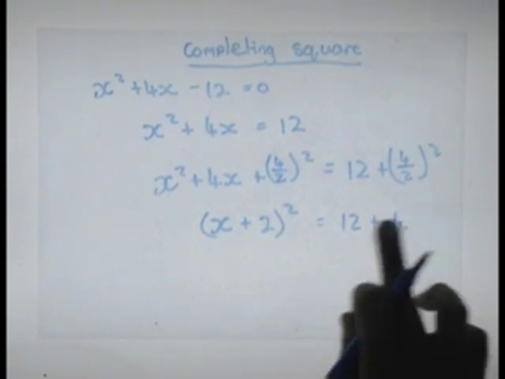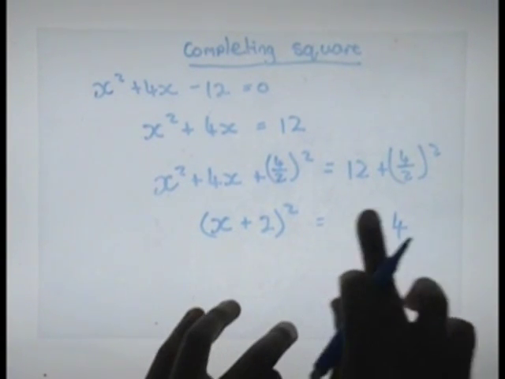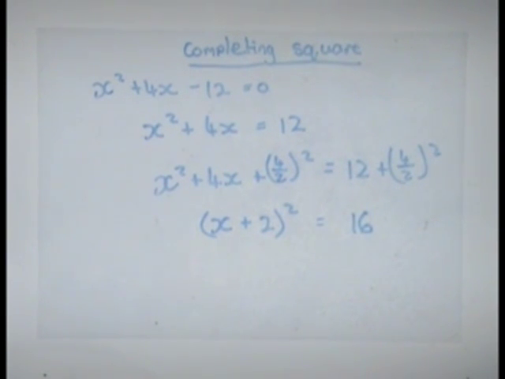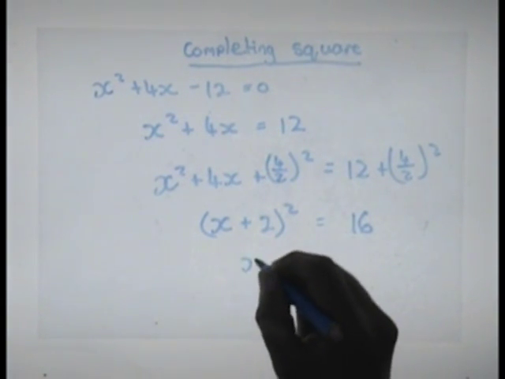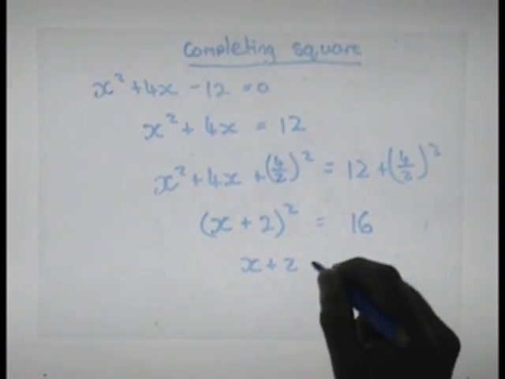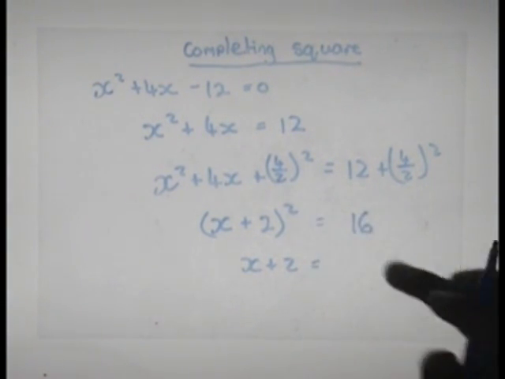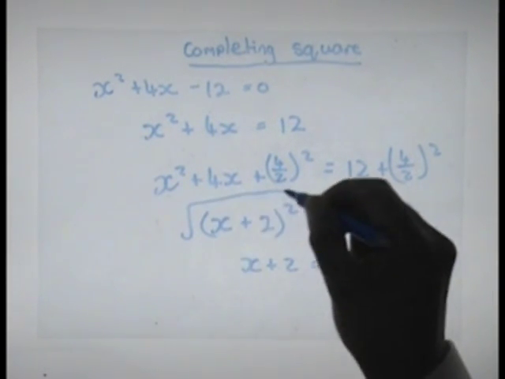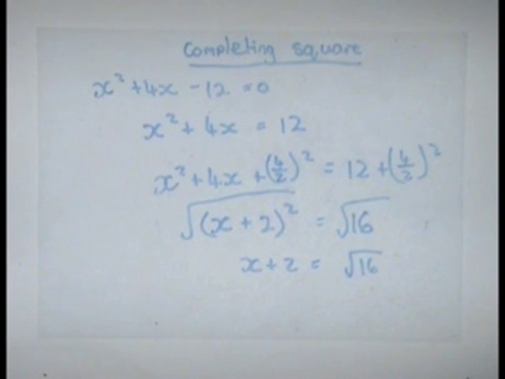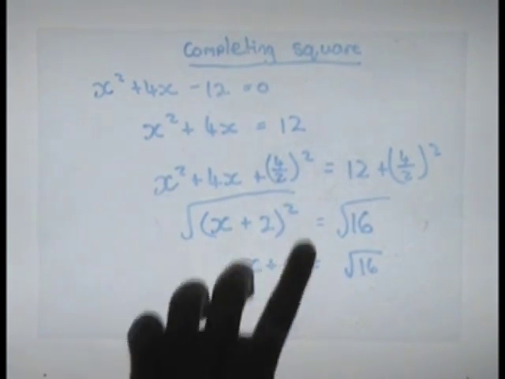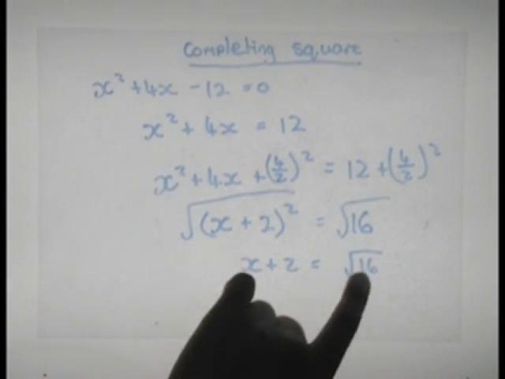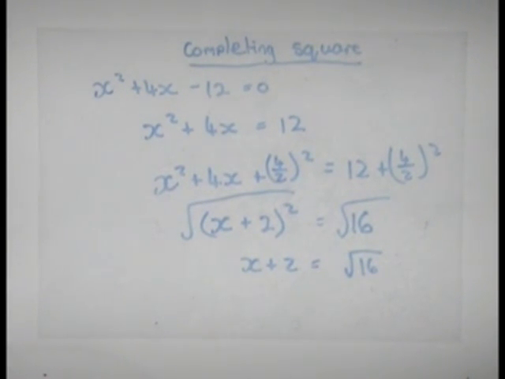That means that x plus 2 squared is equal to 12 plus 4, which is equal to 16. x plus 2 will equal, to get rid of the squared, I square root that side. What I do to one side, I do to the other. Square root cancels out the squared. That means that x plus 2 is equal to the square root of 16.